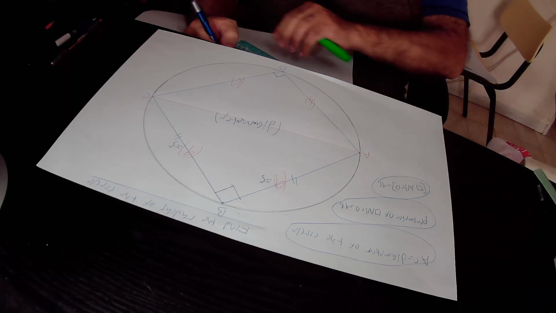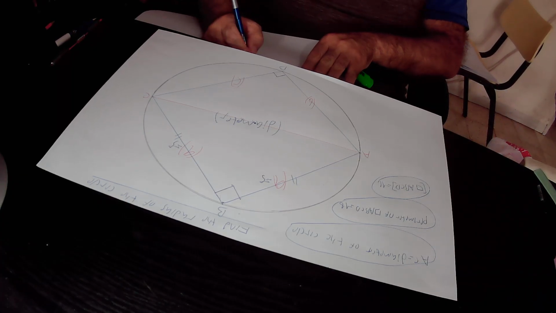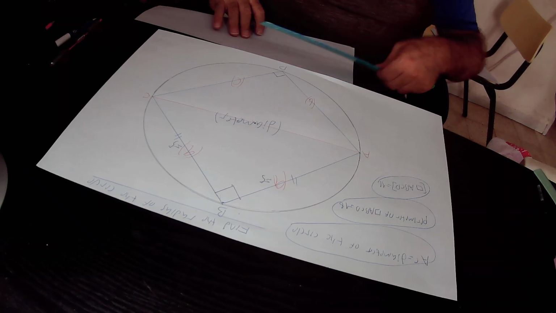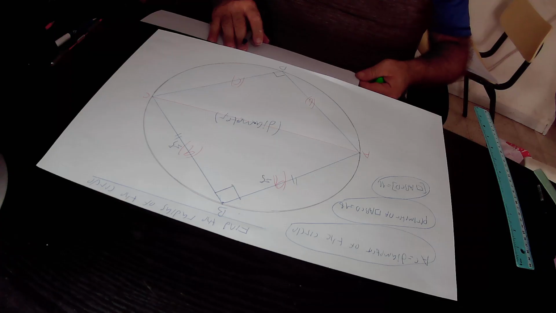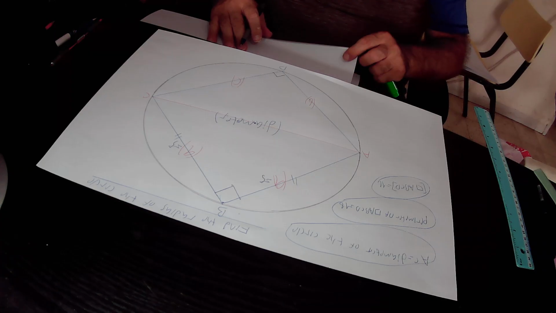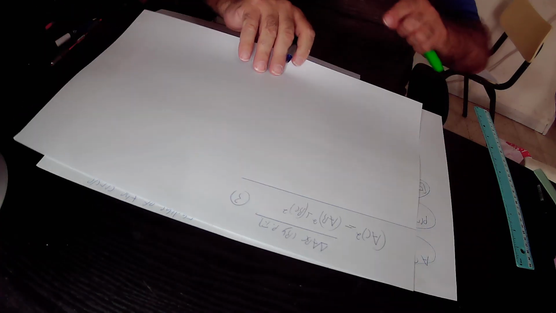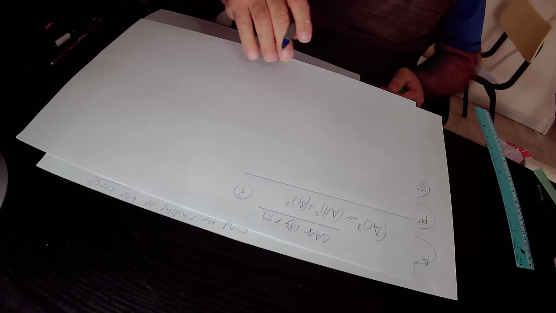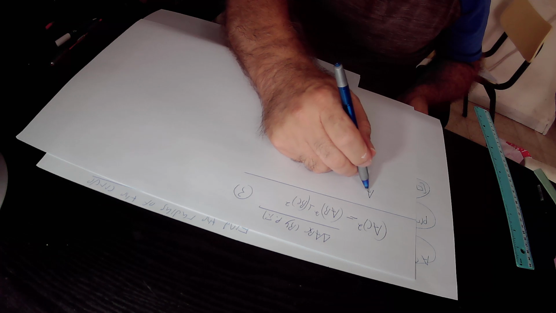So AC squared equals AB squared plus BC squared.